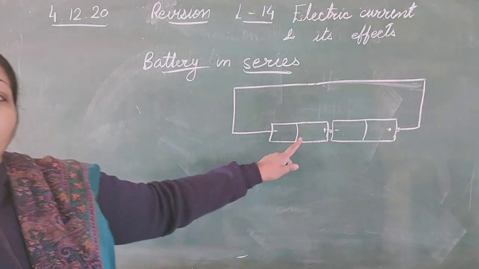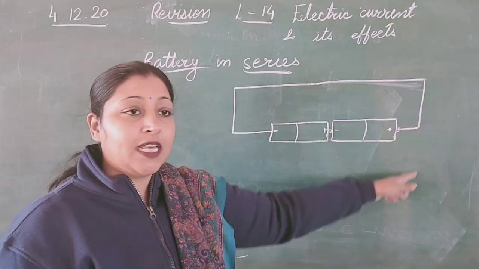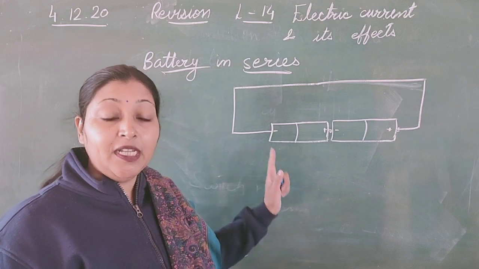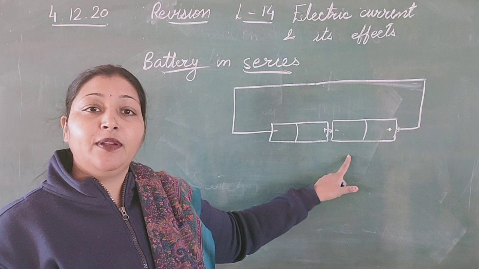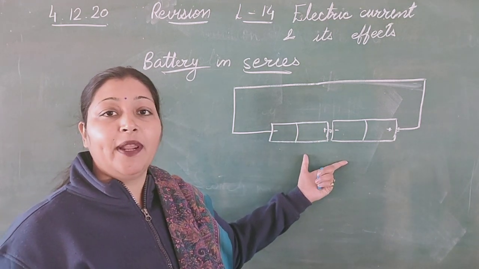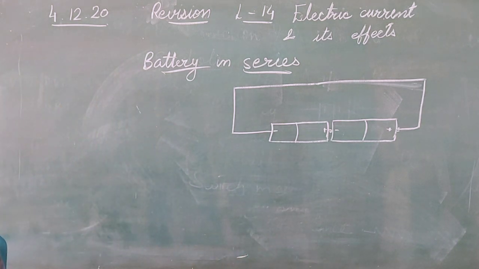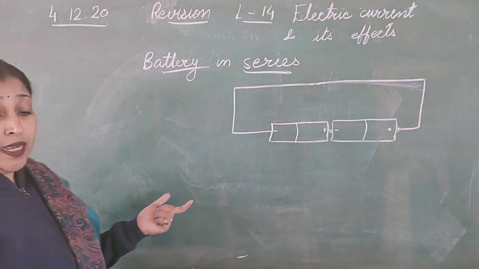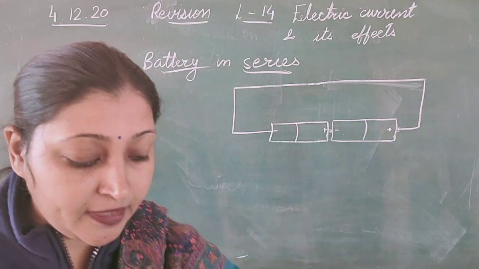Children, if I attach a battery like this, it means there is a direct connection across the battery, the current starts flowing and our battery will be weakened. The whole energy of the battery is utilized. Is it okay, children? There is another way by which we can combine a battery.